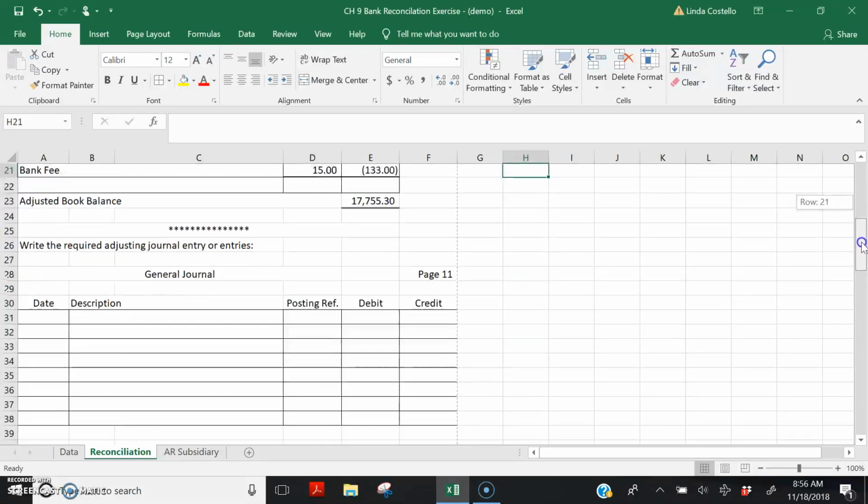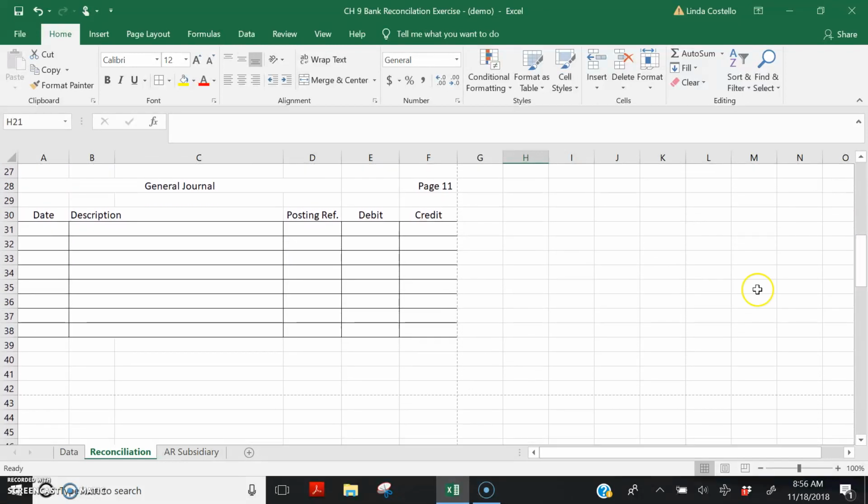Therefore, the adjusting journal entry we need to make is a debit to bank fee expense of $15, a debit to accounts receivable of $118, and a credit to cash for $133. Let's make that entry.